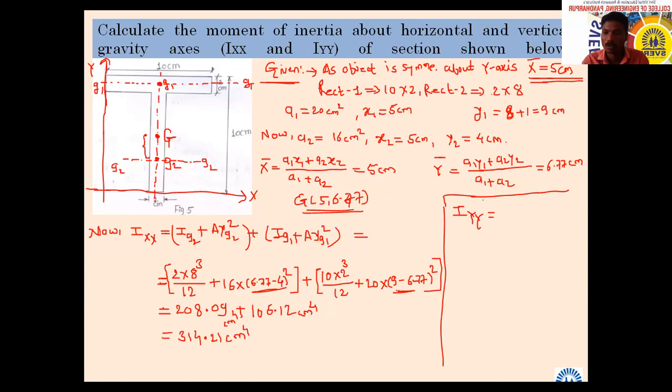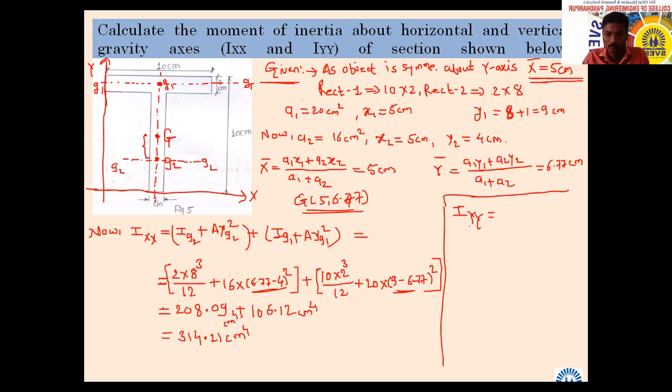Now while calculating I-YY, obviously I am going to use difference between which coordinate of centroids? x coordinate मधला difference वापरणार आहे मी आता. Is there any difference between x coordinates of individual centroid and combined centroid? No, sir.